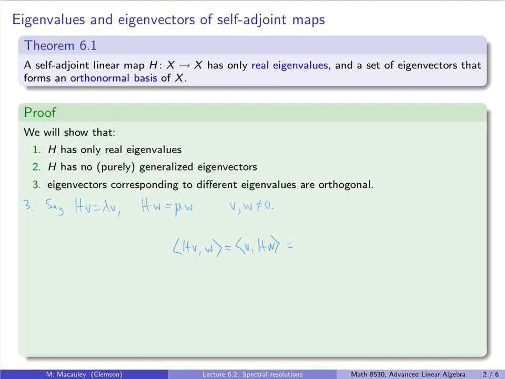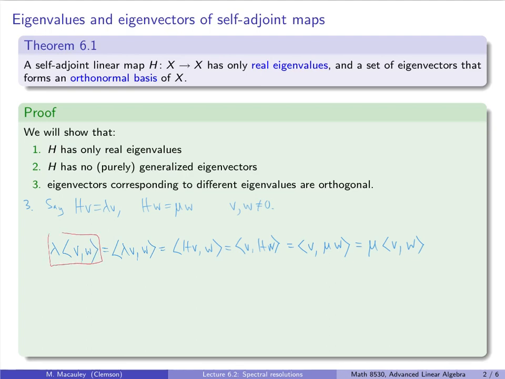This is equal to v dot mu w, and I can pull this out: mu times v dot w. And I don't need to put a bar on this because we know it's a real number. And then over here, I'm going to write this as lambda v dot w and pull the lambda out. So lambda times v dot w.